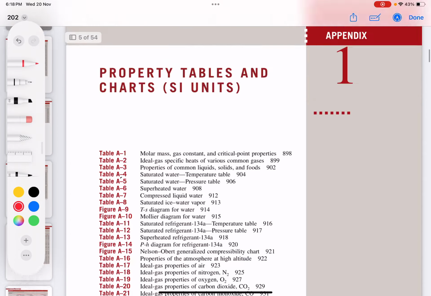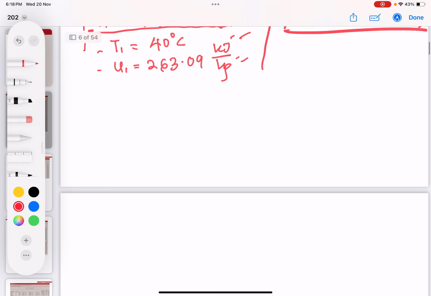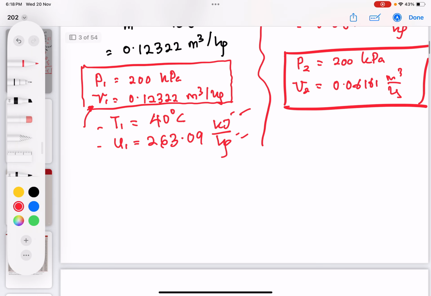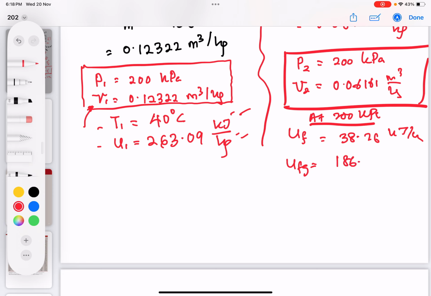From the steam table, I know that my UF at 200 kilopascal equals 38.26 kilojoule per kg, and my UFG equals 186.25 kilojoule per kg.